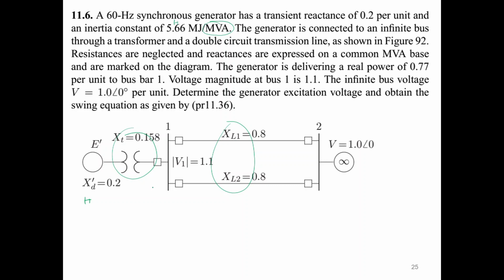The voltage magnitude at bus 1 is 1.1, and the infinite bus is 1.0. This is clear because the voltage at bus 1 is greater than the voltage at bus 2, therefore the power flows from bus 1 to 2.